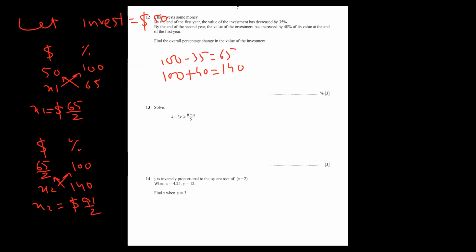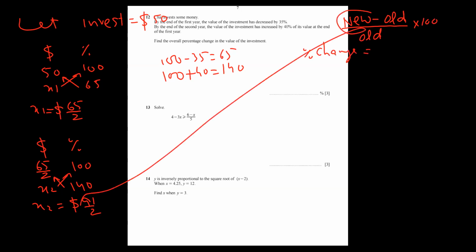And what's the formula? I'm going to write it now here. New value minus old value, divided by old value, times 100. This is called percentage change, or percentage increase or decrease. You can get it easily. So how to find percentage change?